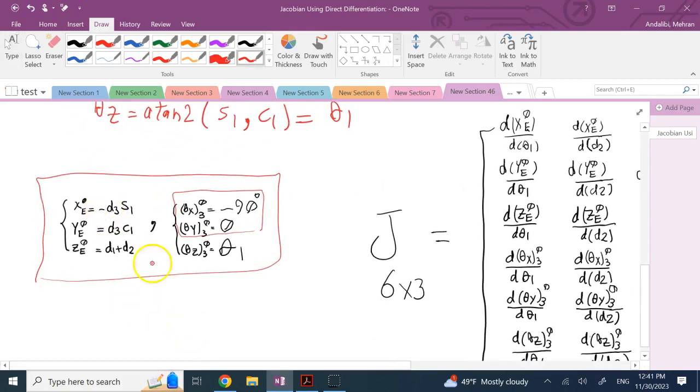And if you look at the other 4 degrees of freedom, you see that they are not all independent, right? So, for instance, if you have x dot and y dot, then the only 2 parameters involved in x dot and y dot are d3 and theta 1, or in their velocities, d3 dot and omega 1, right? Or theta 1 dot.